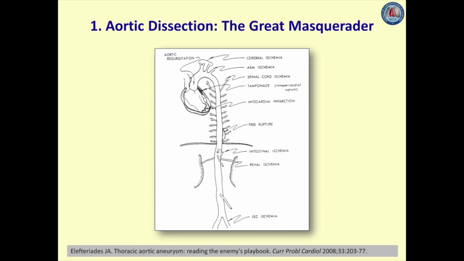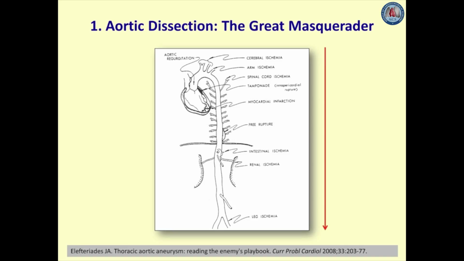Because aortic dissection can affect any of the branches of the aorta from the coronaries to the iliacs, it can masquerade as a primary disease process of the organs served by any of those branch vessels. So it can look like a heart attack or a stroke or a spinal cord event or an abdominal event.